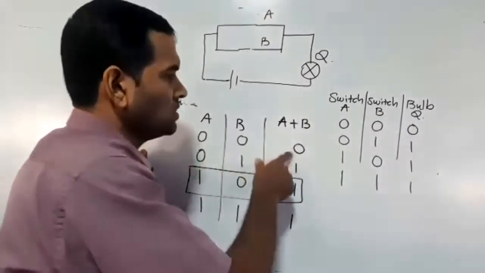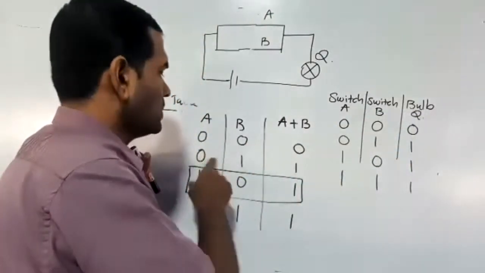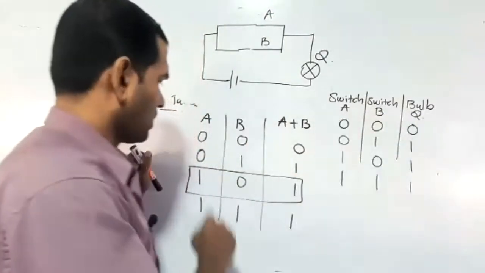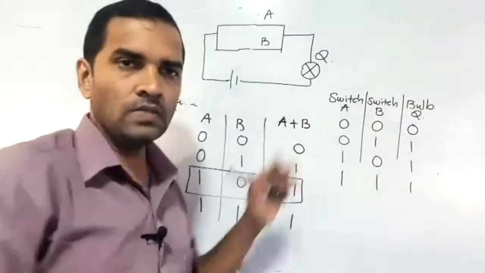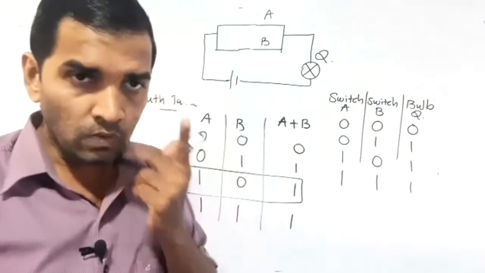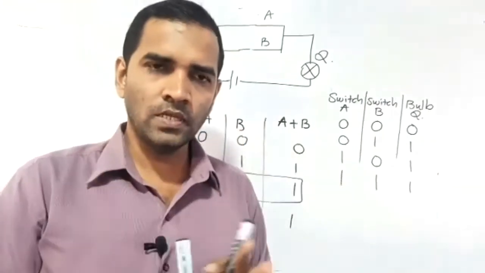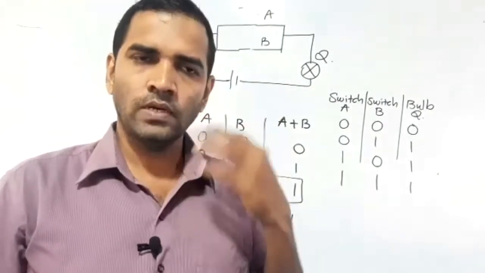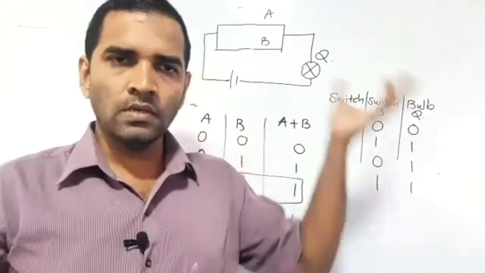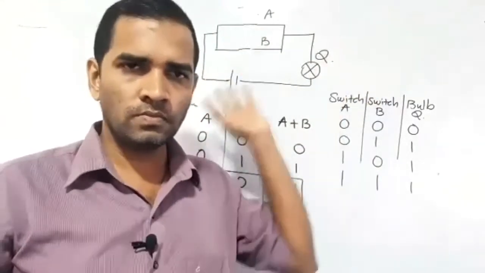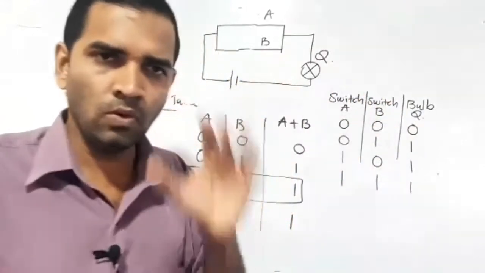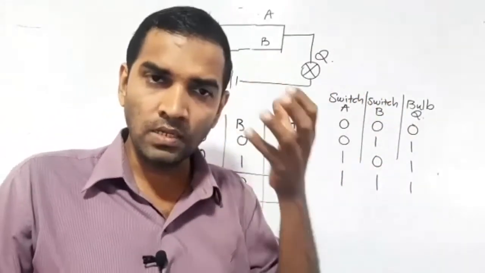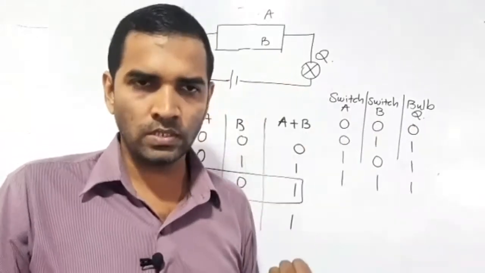Look here, 0, 0, 0, 0, 1, 1, 1, 0, 1, 1, 1, 1. Exactly the same. So now we can simply say that the logic or the function of the OR gate can be like this, right? This is not the OR gate, but it looks like the function of the OR gate.